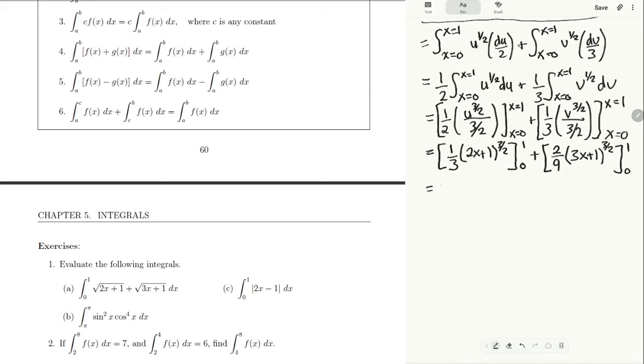So now we substitute the upper and lower limits. So we have 1/3 times 2 times 1 plus 1 to the 3/2. And we subtract the evaluation at 0. So it's 1/3 times 2 times 0 plus 1 to the 3/2.